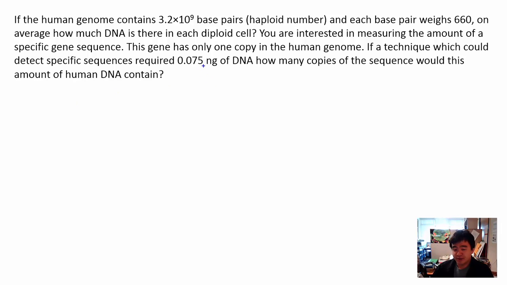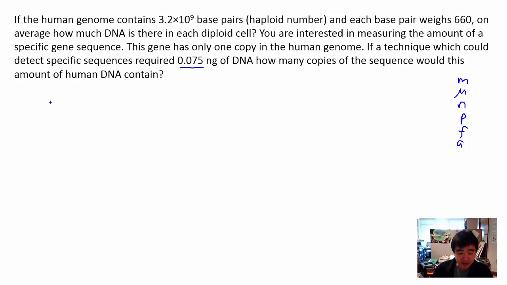Now the next part of this question asks, if a technique can detect specific sequences and it requires 0.075 nanograms of DNA, how many copies of this sequence would this amount of human DNA contain? Well, let's again write up our units.